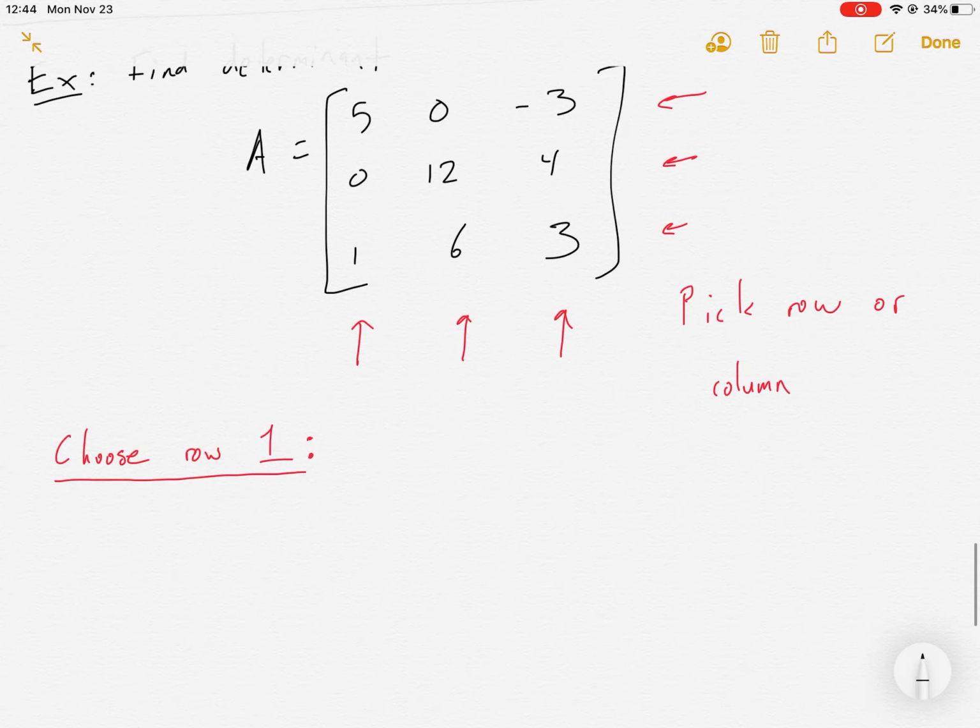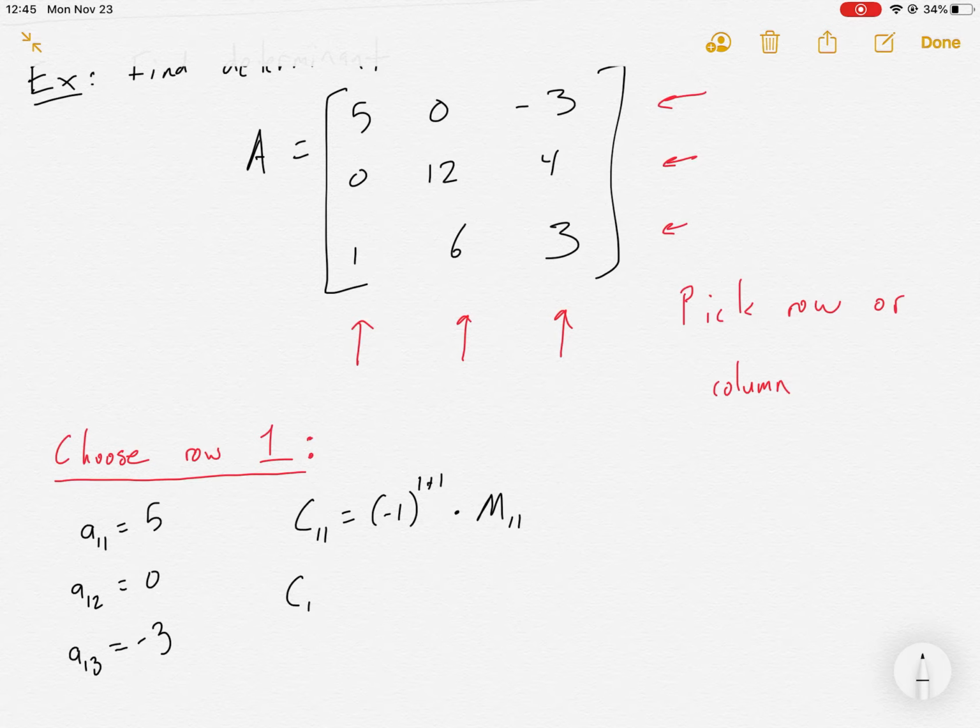I'm going to write down the terms in row 1. We have A11 is 5, A12 is 0, and A13 is negative 3. Now I need the corresponding cofactors. So I need C11. So this is negative 1 to the power of 1 plus 1 times the minor 1,1. I need C12. And I need C13.